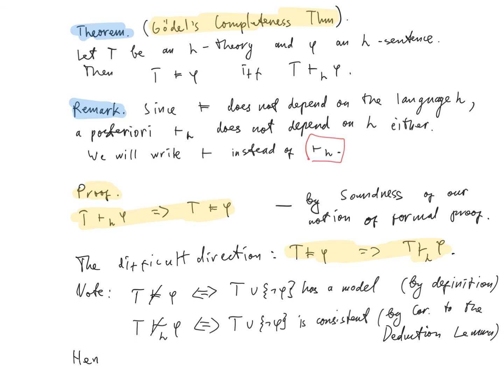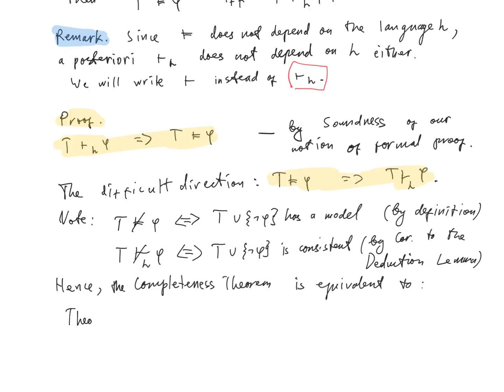In view of these two observations, we see that Gödel's completeness theorem is equivalent to the following theorem. A theory T has a model if and only if it is consistent.